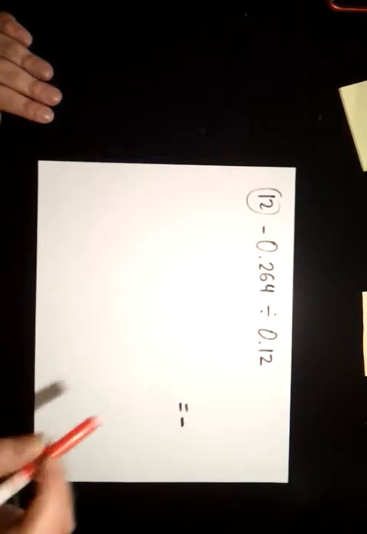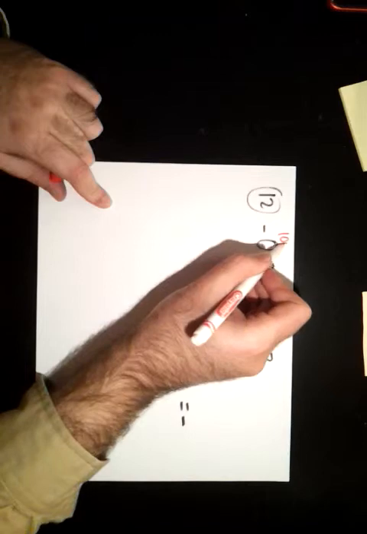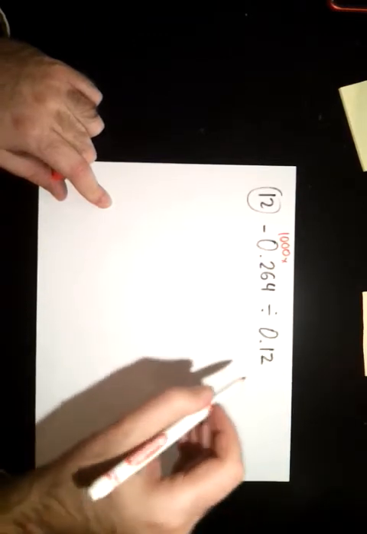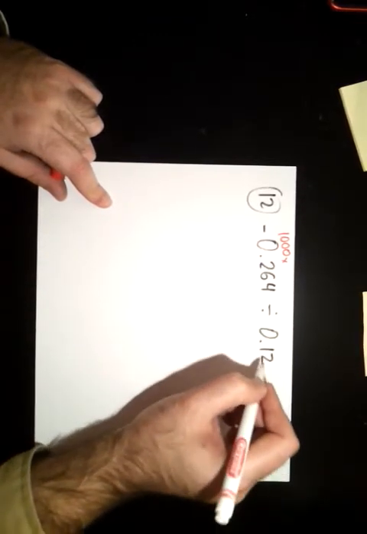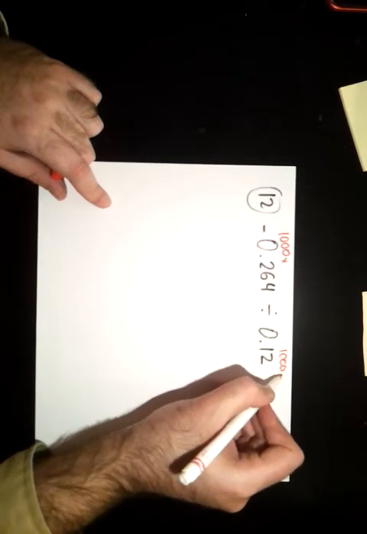Second, I want them both to be whole numbers. What do I multiply 0.264 by for it to become a whole number? I need to move the decimal 3 times, which means I need to multiply it by 1,000. And while I don't need to multiply this by 1,000 to get it to a whole number, I have to, because I have to do the same thing to both numbers.